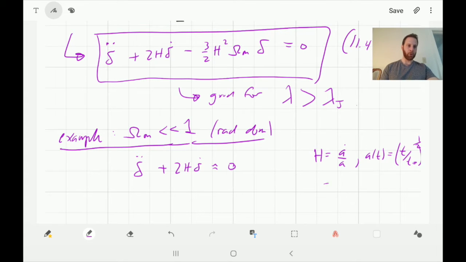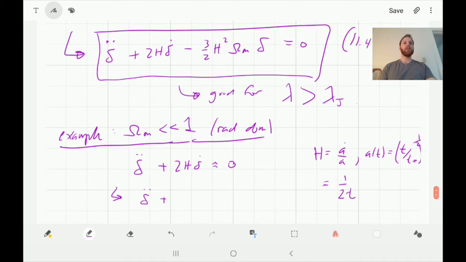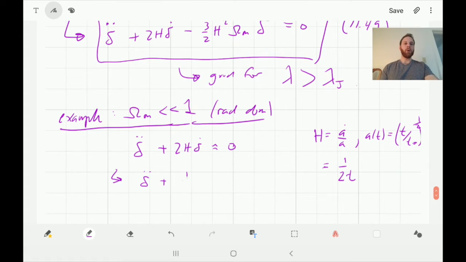Not so hard to show then that if a goes like t to the 1/2, a dot over a just looks like 1 over 2t. So in that limit, 2H is apparently 1 over t, and delta double dot plus 1 over t times delta dot is approximately equal to 0.